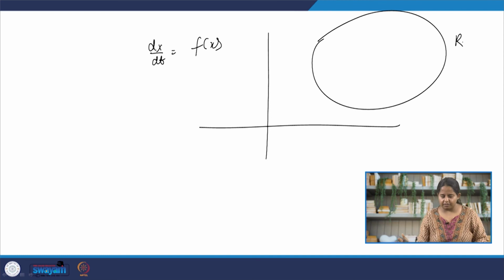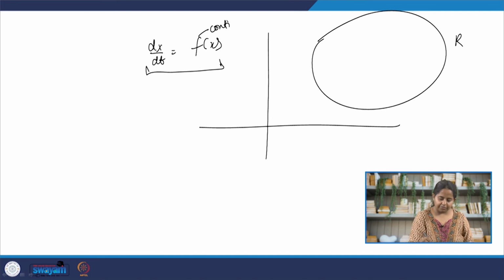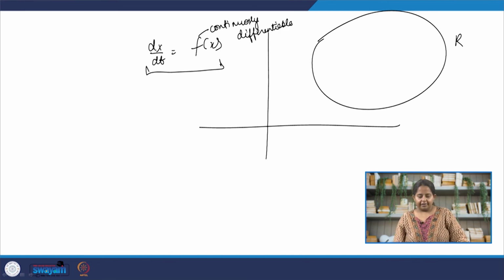It's a closed region, and within it there is some trajectory that is following this system, and this system is continuously differentiable. So basically it has unique solutions. Unique solutions exist for this domain.